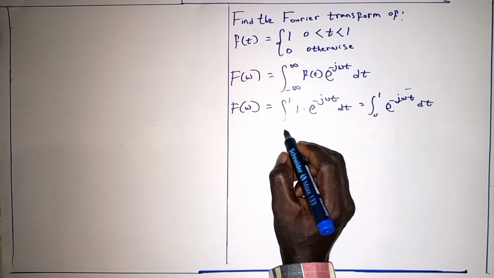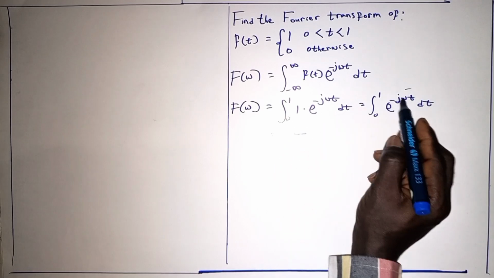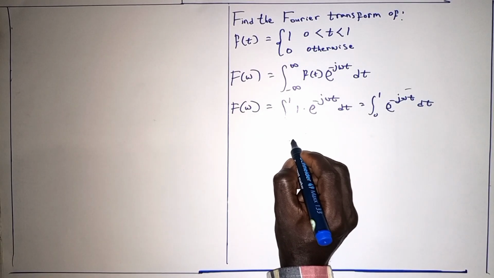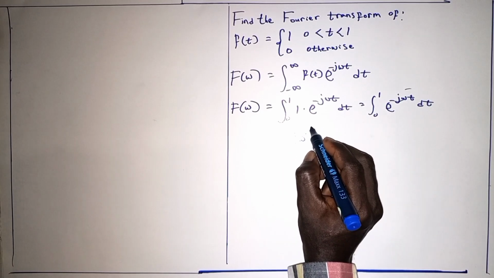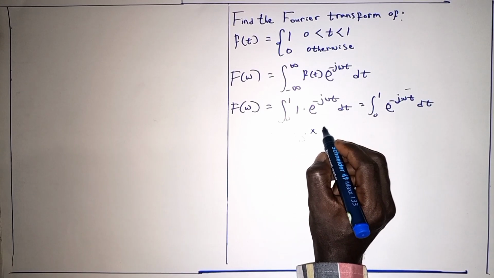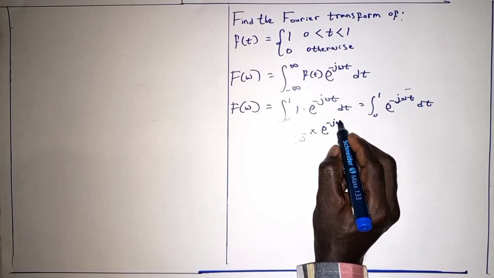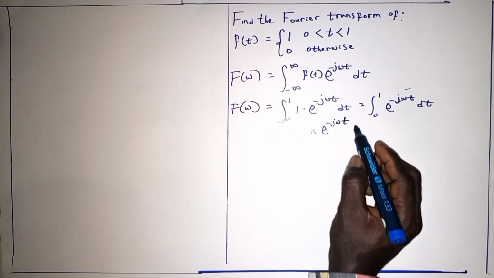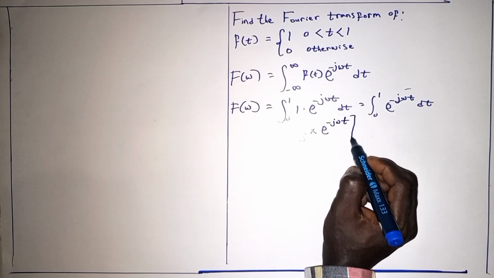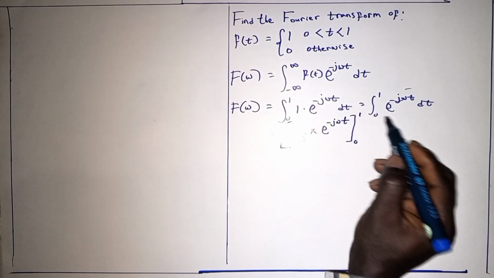To integrate this, it will be 1 over the derivative, minus j omega, times the exponential, writing the original back. So that is it for integrating this. Then insert the limit, 0 to 1.